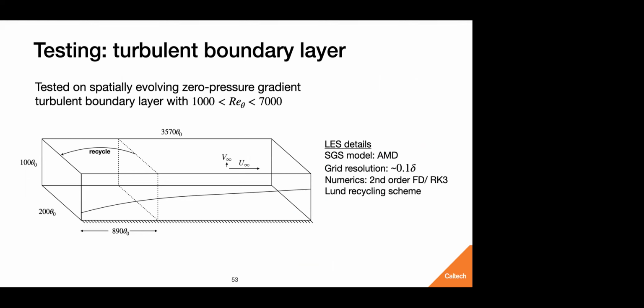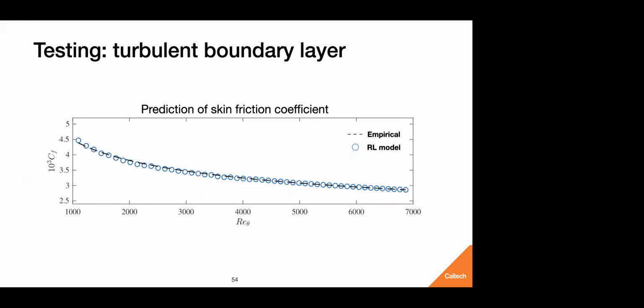We've also done testing on the turbulent boundary layer. This is a spatially evolving turbulent boundary layer with zero pressure gradient. The Re theta range for this simulation was between 1,000 and 7,000. On top of the same LES details that we used before, we just include a recycling scheme for the inlet boundary condition.